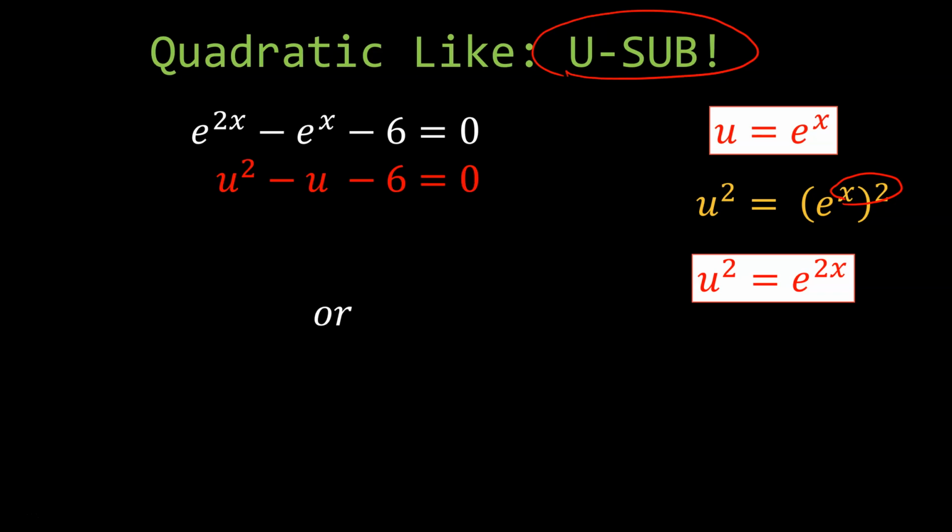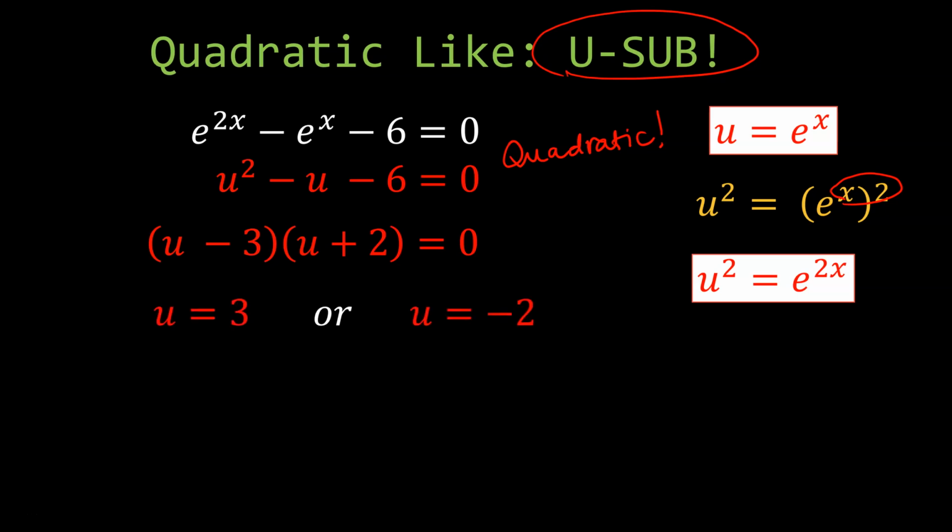And that is a quadratic. So we're going to try to factor, which we can in this case. u minus 3, u plus 2 is equal to 0. So u is 3 or u is negative 2.